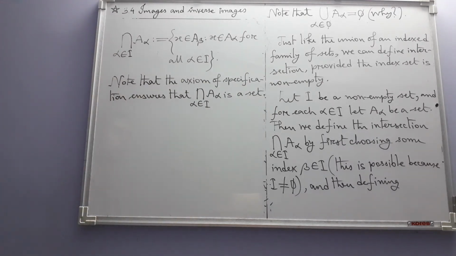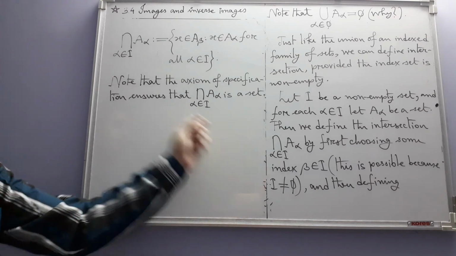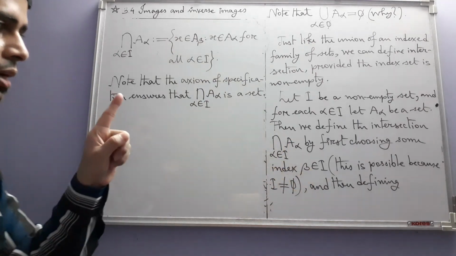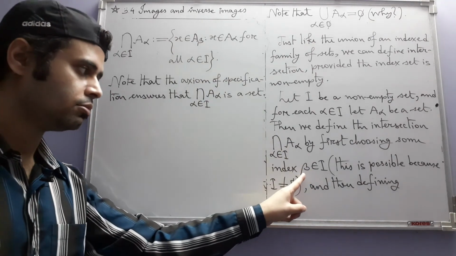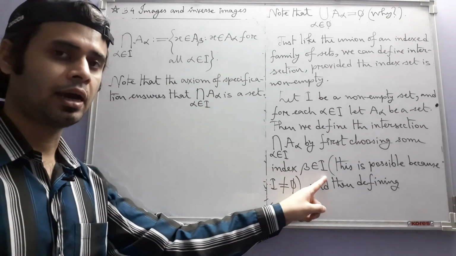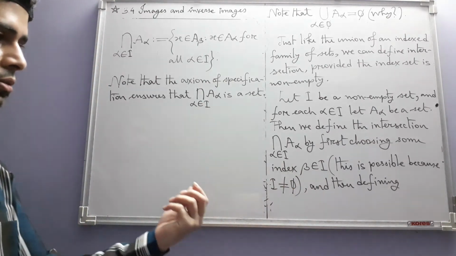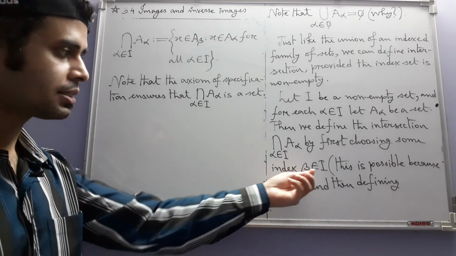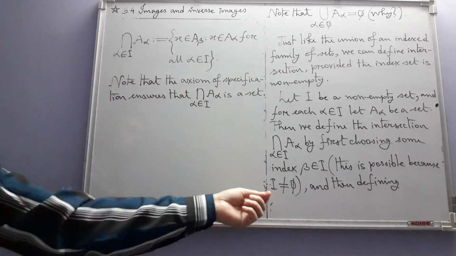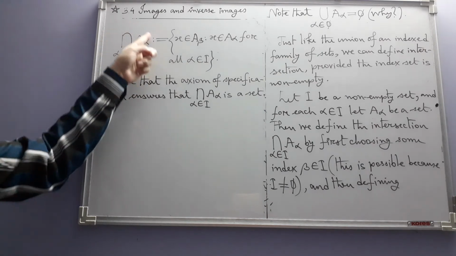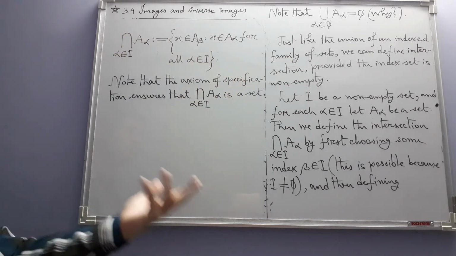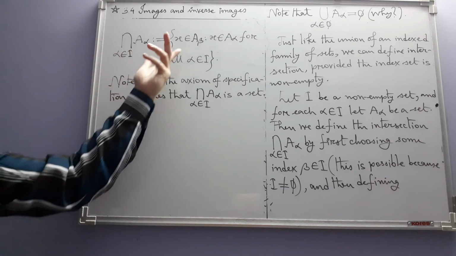Now there may be one problem with this definition. It may seem that this definition depends on the choice of beta. You see, first we are choosing an index beta in I, but how we are choosing beta, we don't have any instruction about that. We are just arbitrarily choosing any beta from I. So isn't it obvious that this definition depends on beta?